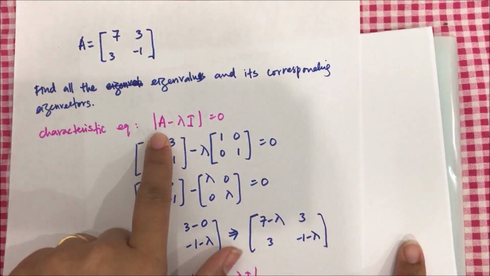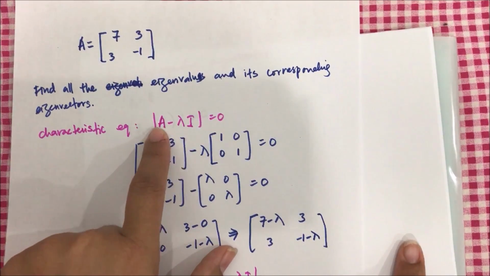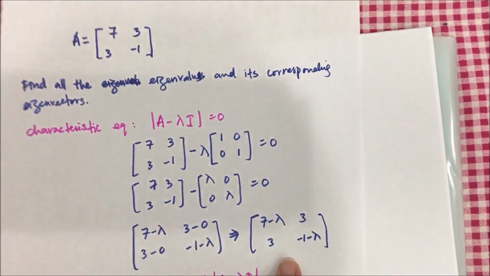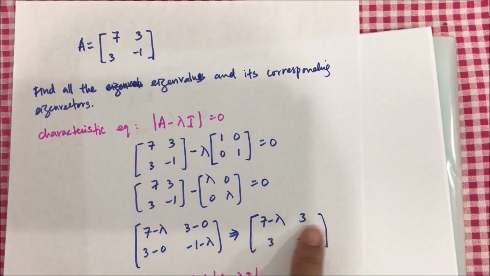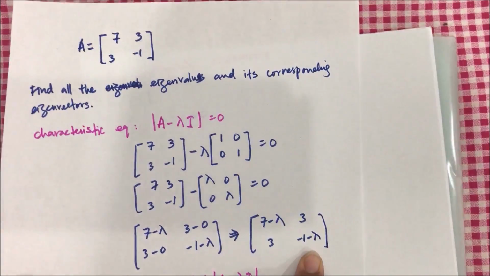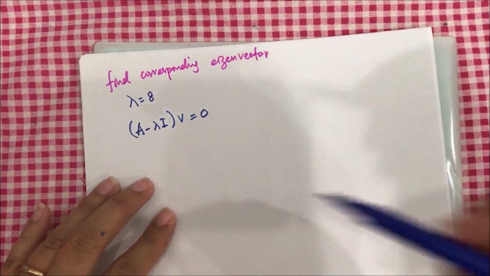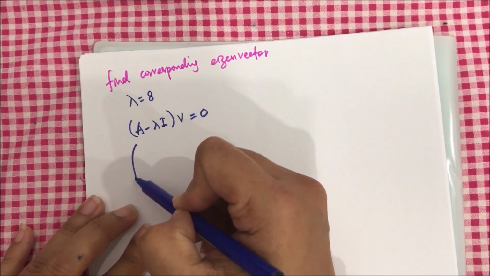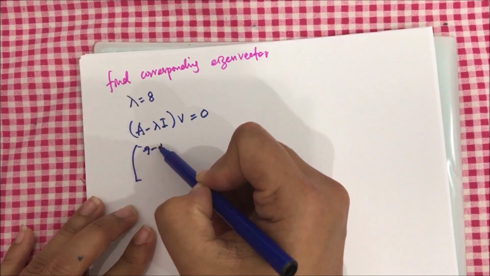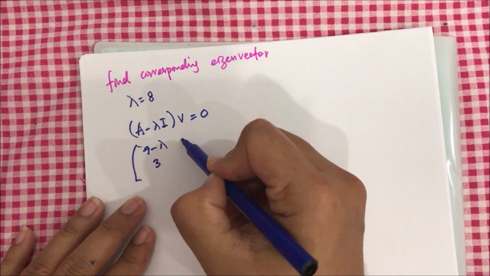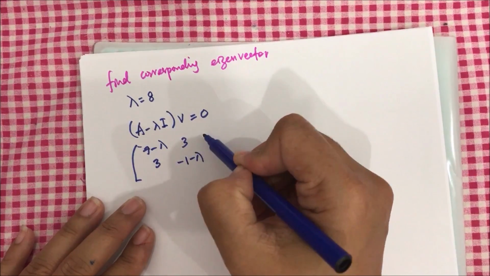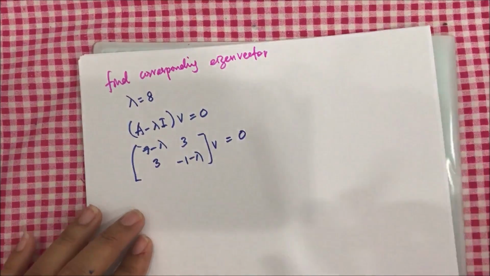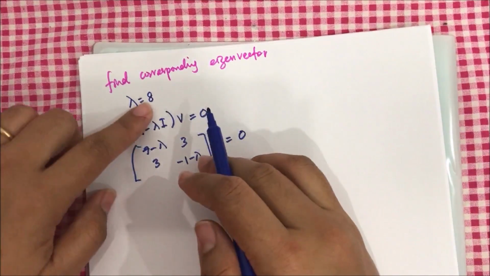So now this one we already have from the previous one, this characteristic equation, A minus lambda I, which gives 7 minus lambda, 3, 3, 1 minus lambda, times v equals 0. Now lambda is 8.